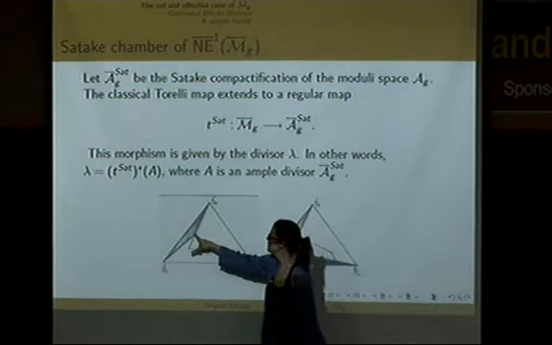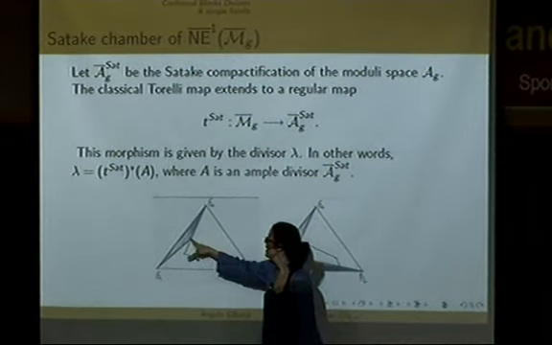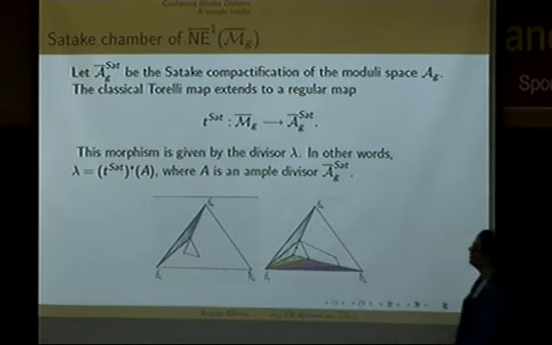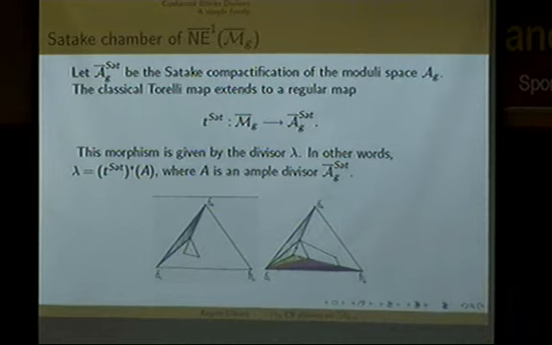Lambda is a nef divisor on M_g. It's one of the extremal divisors. It's here, and as I said before, this morphism to Satake contracts the boundary delta 0 and delta 1 in the Satake compactification of A_g. Okay, so let's look at the next chamber.